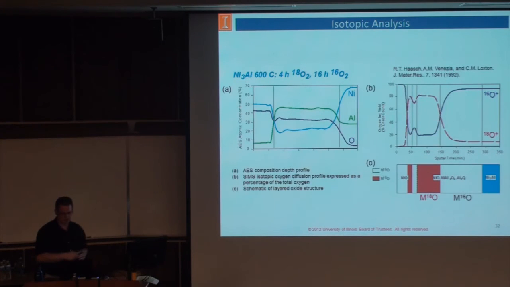Rick Hosh here was actually one of the people on the paper who were able to show that both the nickel and the oxygen diffused during the process. And so this is an example of combining some Auger work with the SIMS work, because the Auger can't tell you the isotopes, but since we're measuring mass in SIMS, you can actually get information on the isotope and the way those are moving.